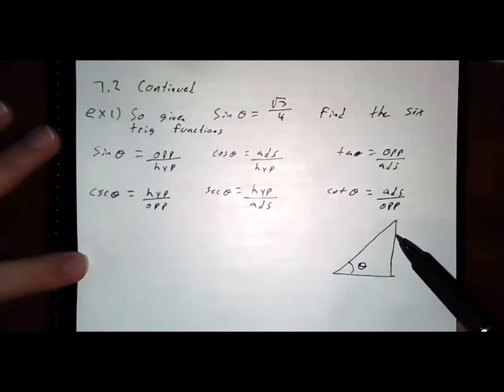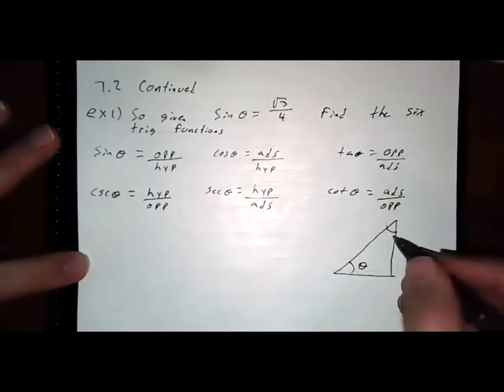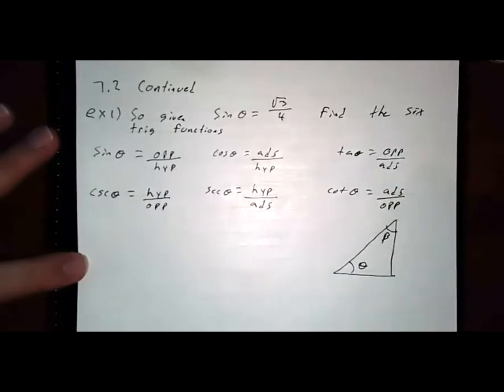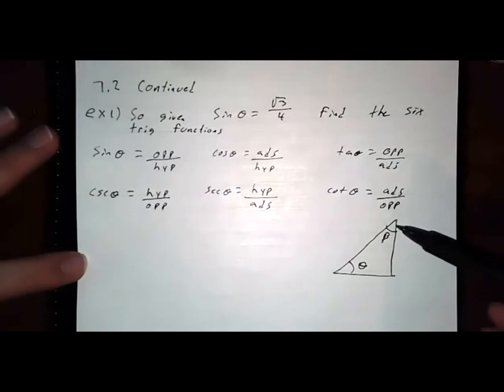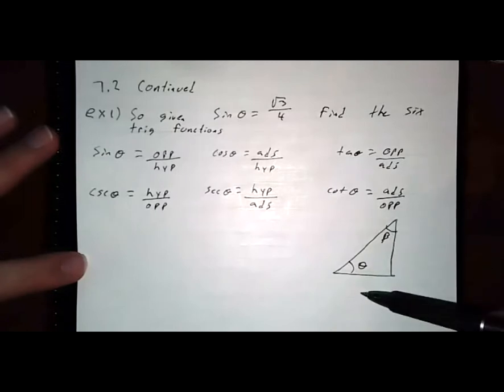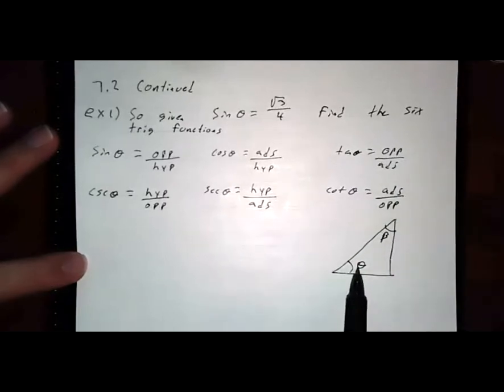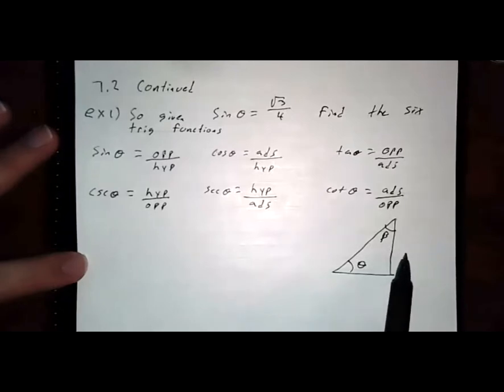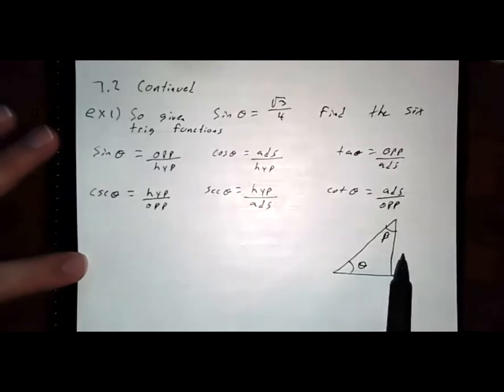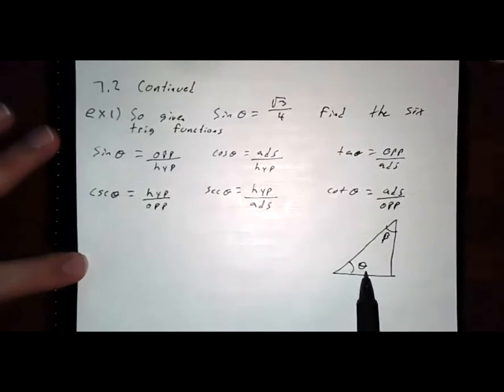For example, if I put beta up here, sine of beta would be opposite over hypotenuse, because it'd be opposite to this angle. Sine of theta would be opposite over here. You see what I'm saying? So it all depends on the orientation, and in this case, we're deciding where the angle is.